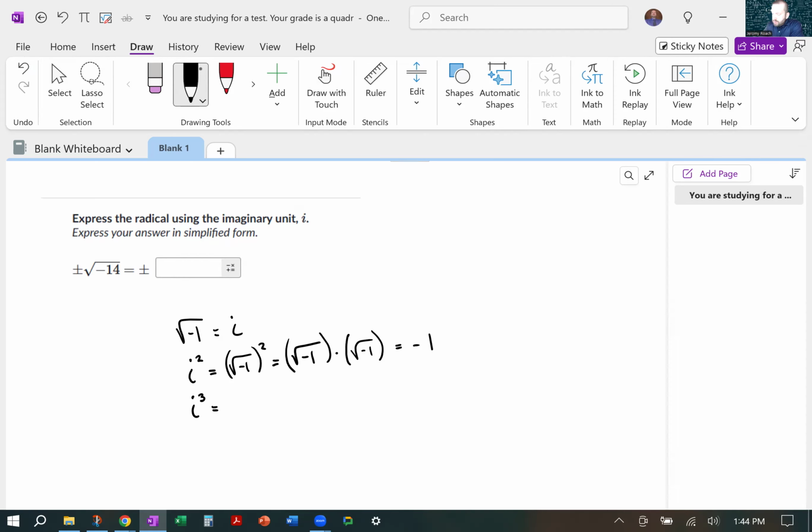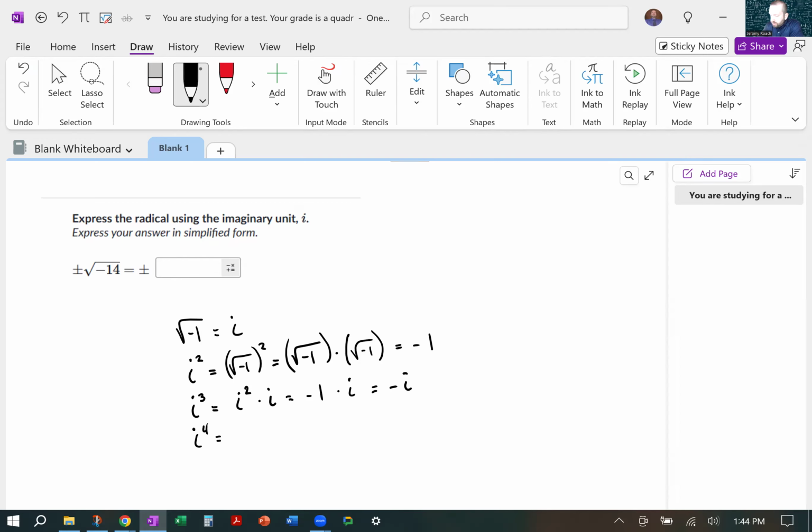I cubed, that's just I squared times I, because we add the exponent. So I is just I to the 1. And I squared is -1. And then we'll just do times I. So -1 times I is -I.